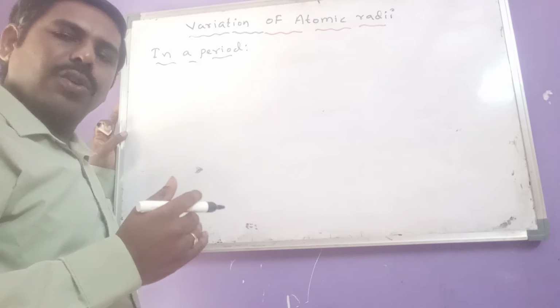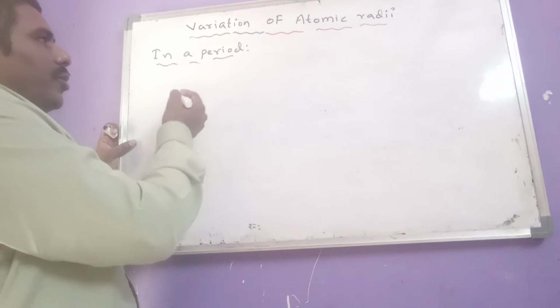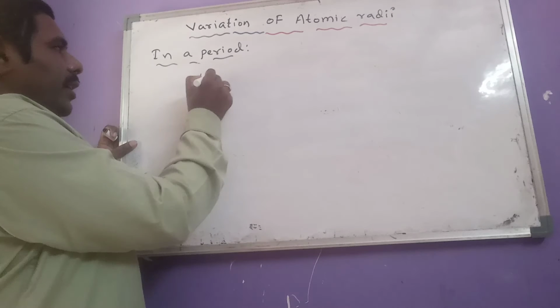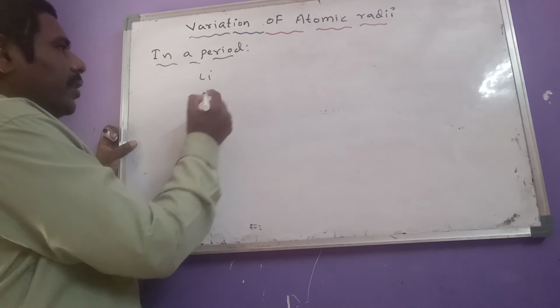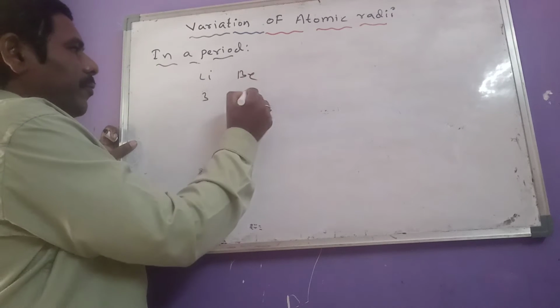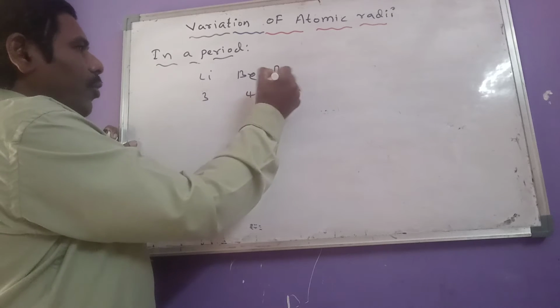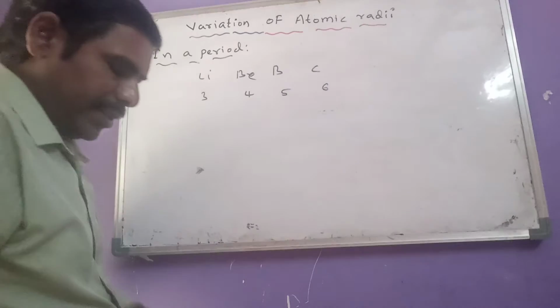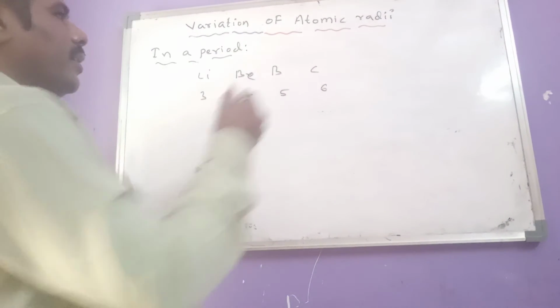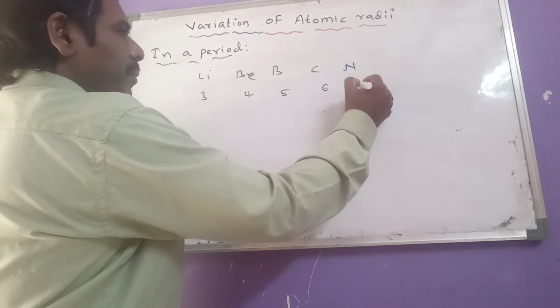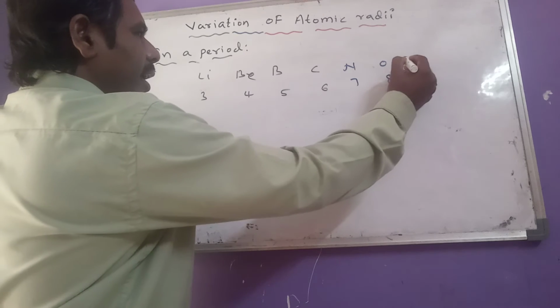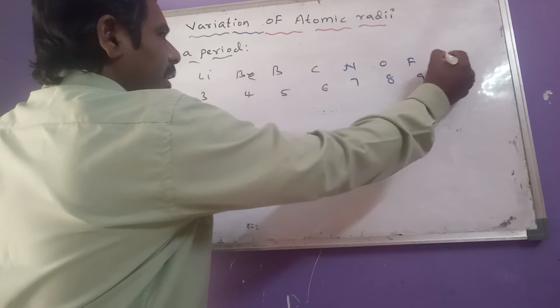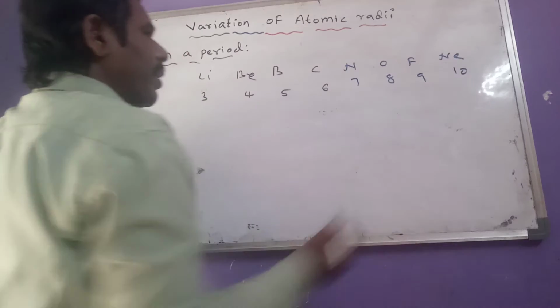So second period means lithium atomic number 3, beryllium 4, boron atomic number 5, carbon atomic number 6, then nitrogen atomic number 7, oxygen 8, fluorine 9, neon atomic number 10.